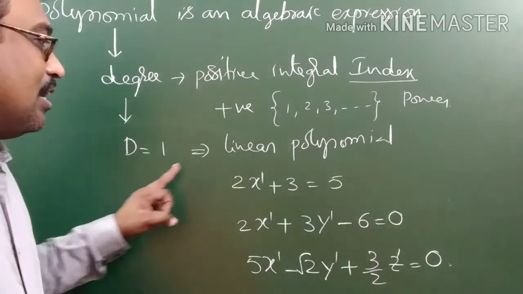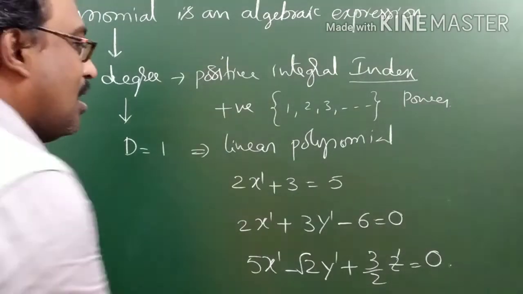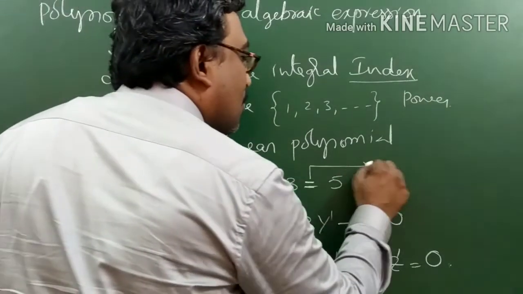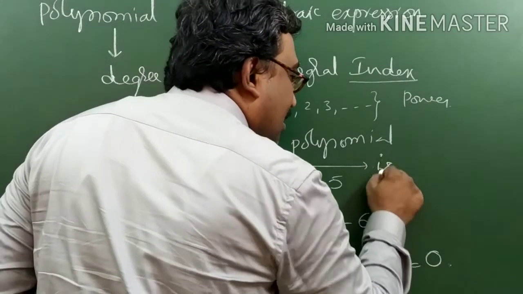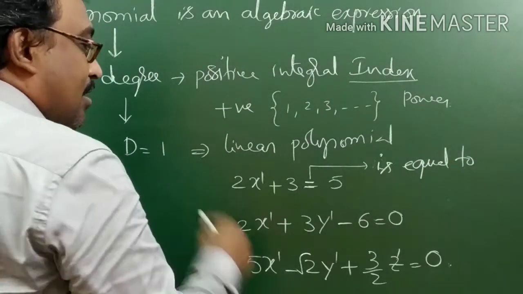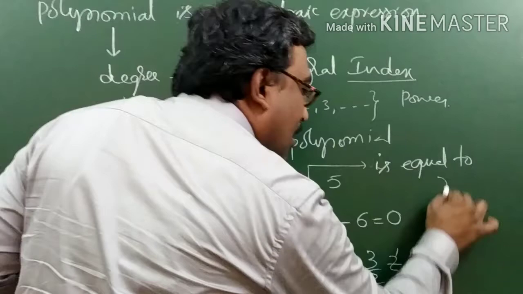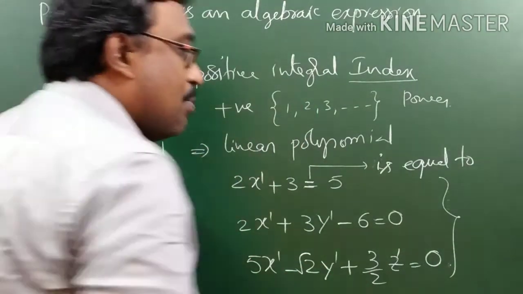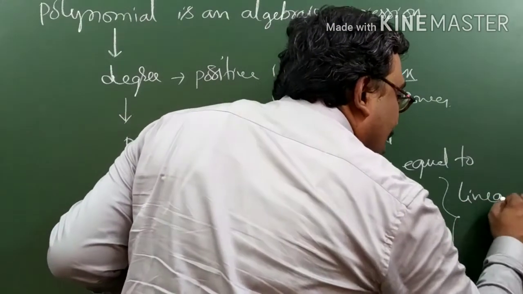In a linear polynomial, if I add the symbol is equal to, then this linear polynomial becomes a linear equation.